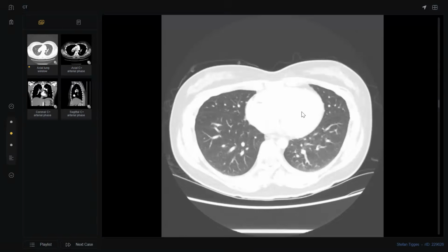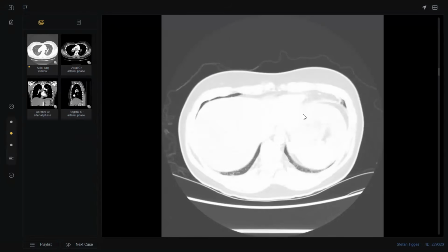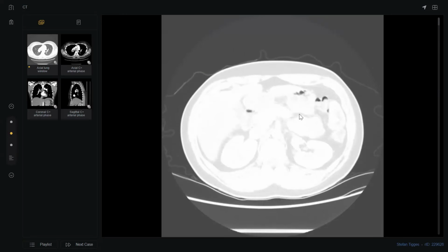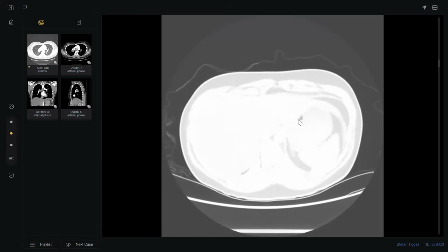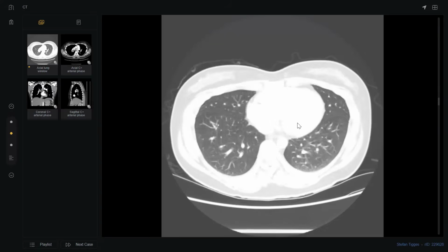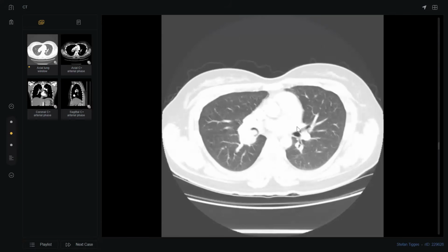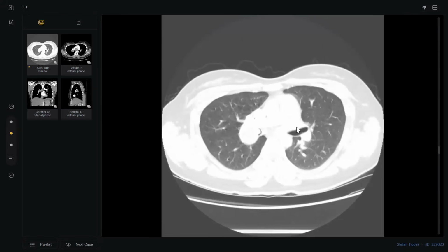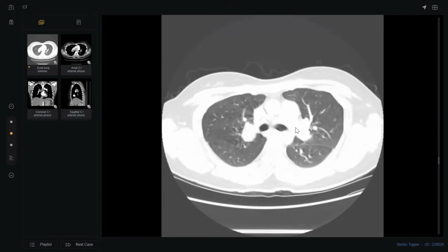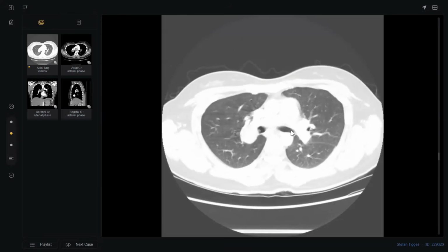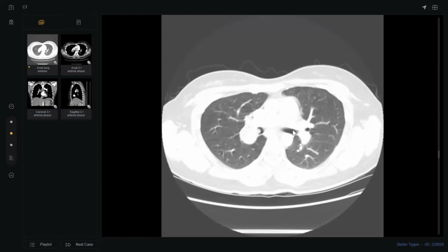Okay, these are the lung windows of the CT thorax of the same patient. I've just scrolled through the images. Okay, in the visualized images, I think there is a mass which is present in the right hilum, and also it is projecting into the right main bronchus as well, with some endobronchial element over here.